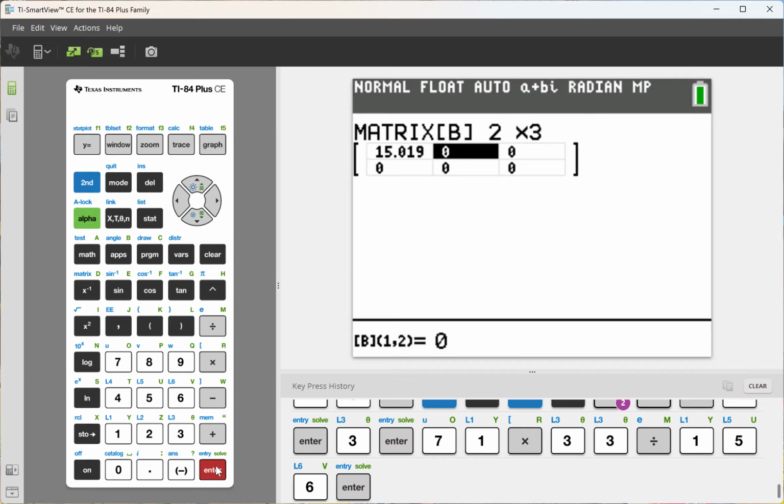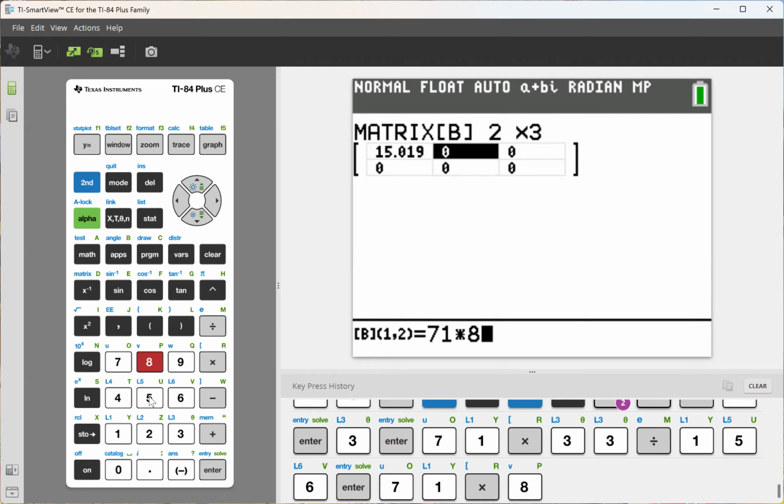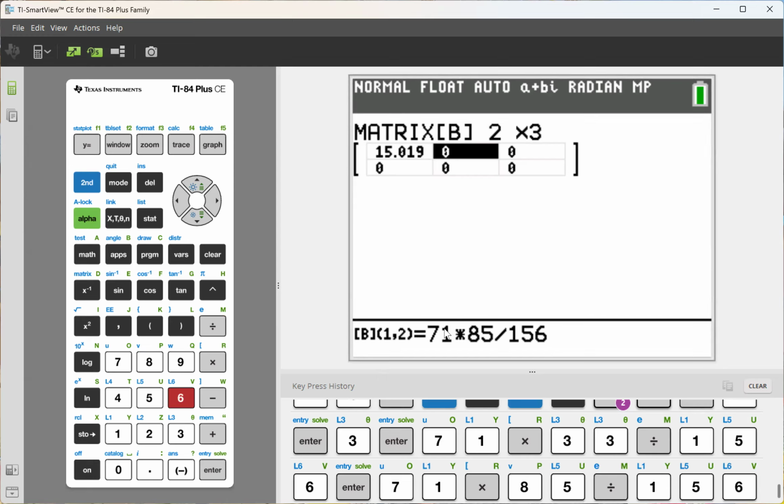So the first row total was 71. The second column total was 85. The total was 156. So we take the row total, 71, times the column total, 85, and divide it by the total.